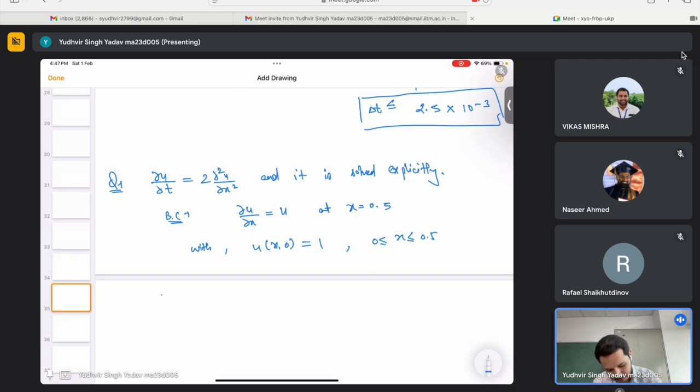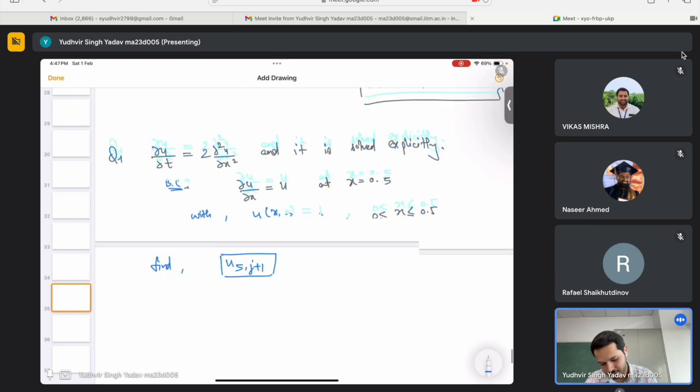In this question, we have to find the representation of u5, j plus 1. How will this term look?